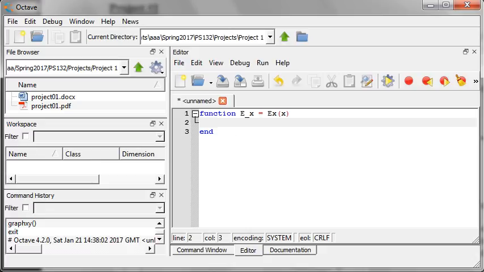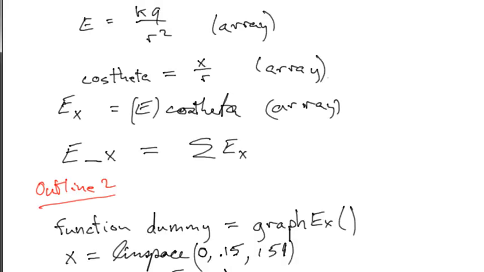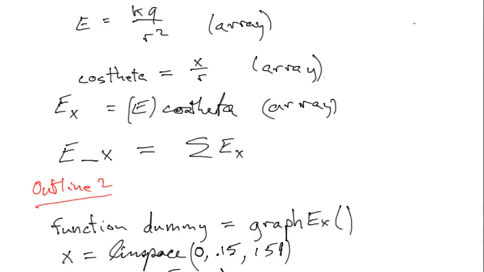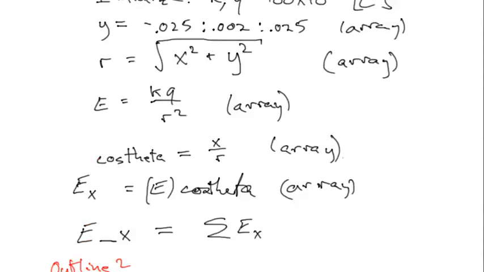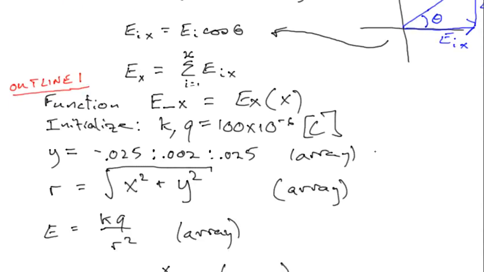I want to go back and see what I had in mind here. Under outline 1, function e_x, so I gotta set k equal to what it's equal to.